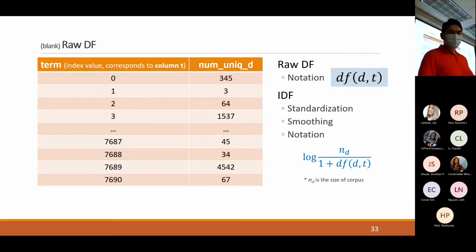Once you have the term frequency, now let's talk about the document frequency. And document frequency is not talking about documents per se. It's still talking about the terms. We are trying to come up with a measure of the terms where the value will monotonically increase if the significance of the term increases.